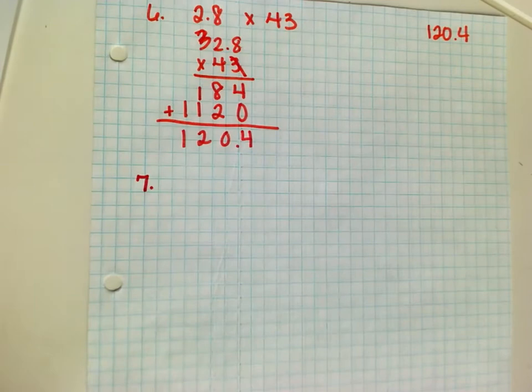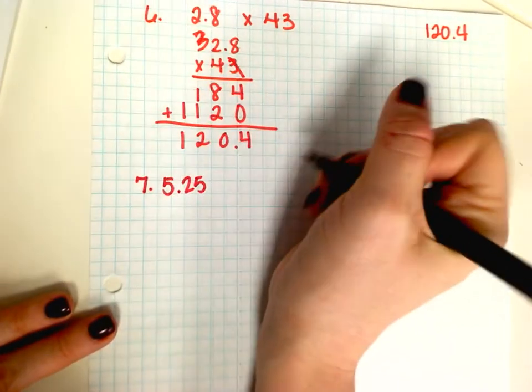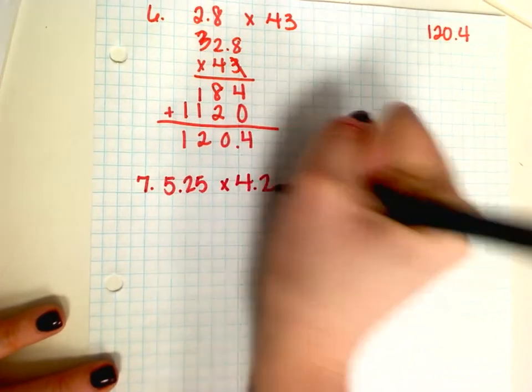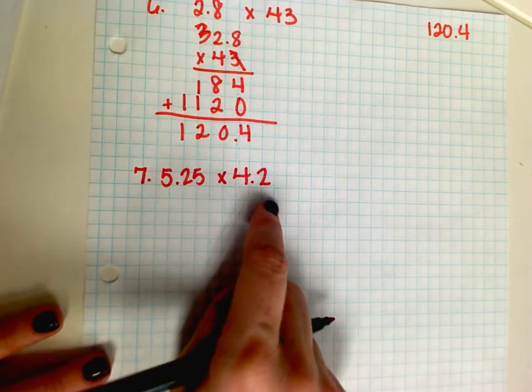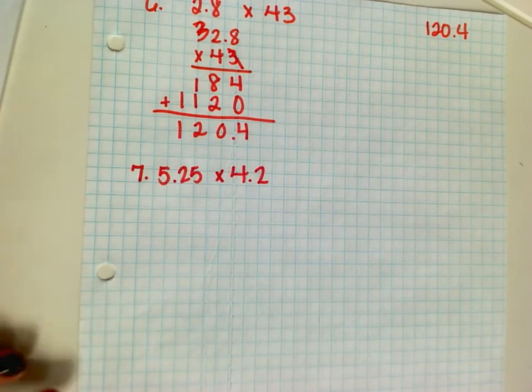Number 7. 5 and 25/100 times 4 and 2/10. Be careful here because now I have more digits after decimal places. So that's going to change the amount of hops you need to do.